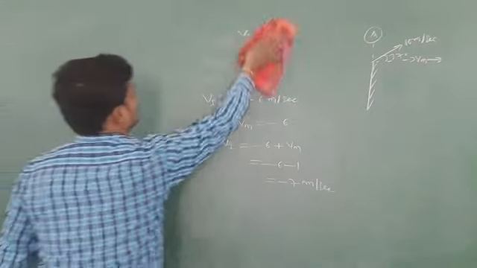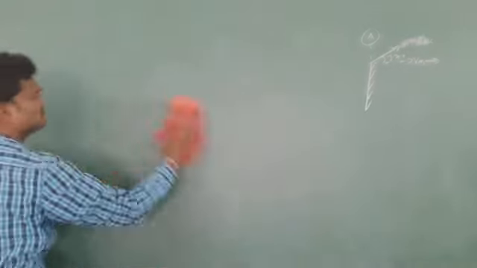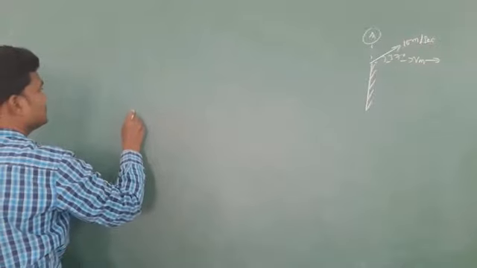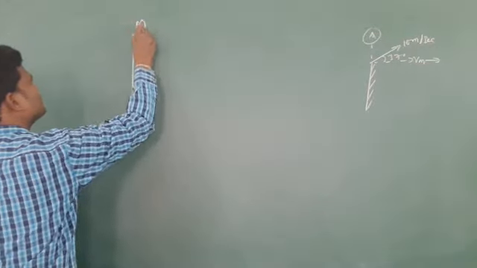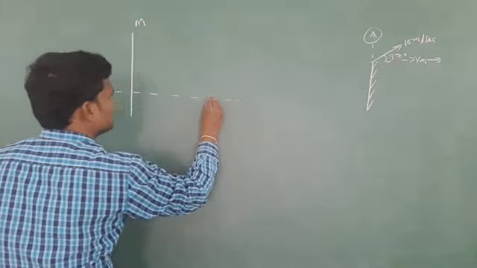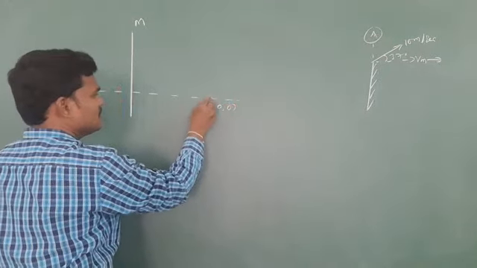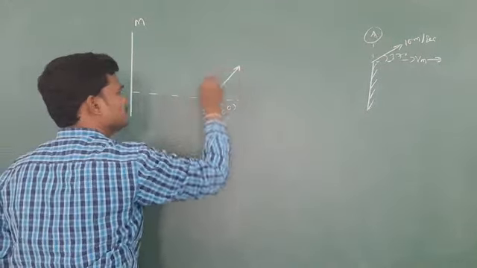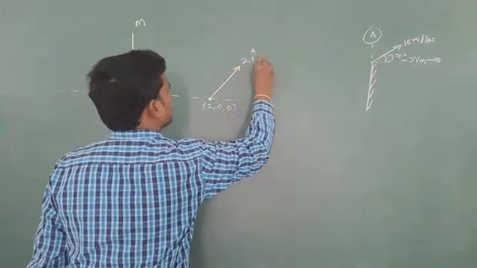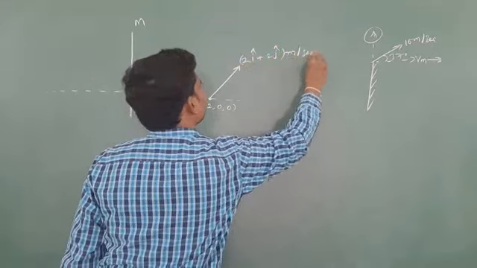Now see what they have given. They have given a plane mirror. See, this is the plane mirror, and the other side is polished. They placed an object here at the coordinates (2, 0, 0). The object is moving like this with a velocity of 2 i cap plus 2 j cap meter per second.